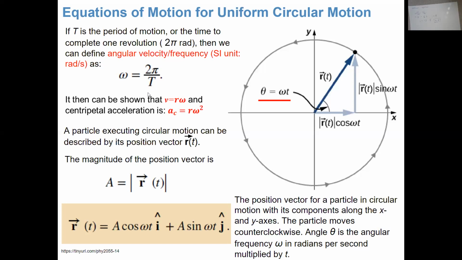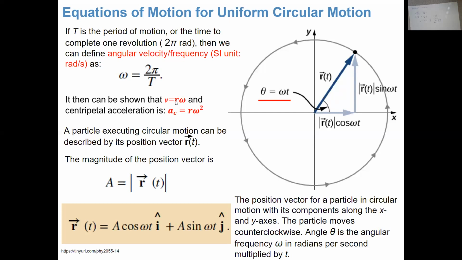Okay, so if we do that, then the magnitude of the velocity v is going to be equal to r times omega.